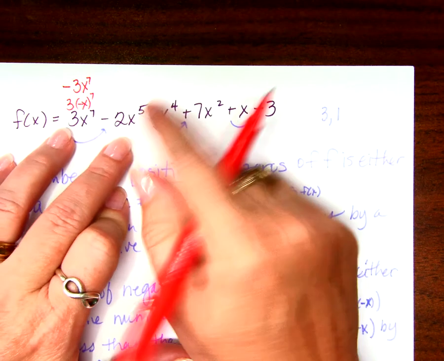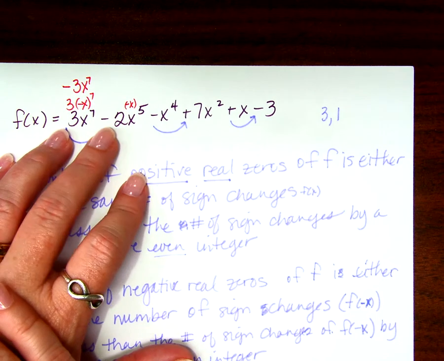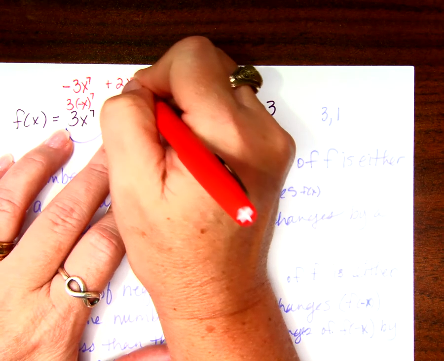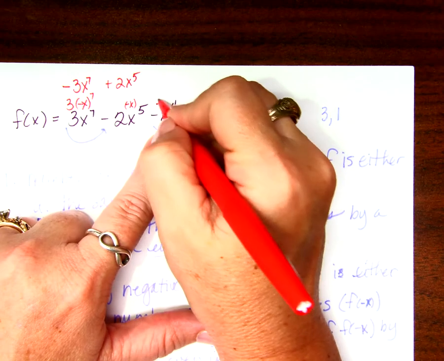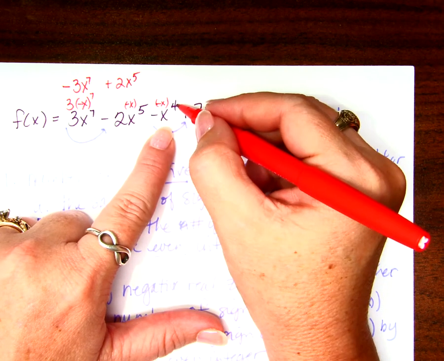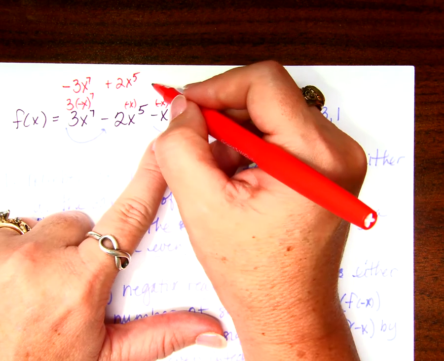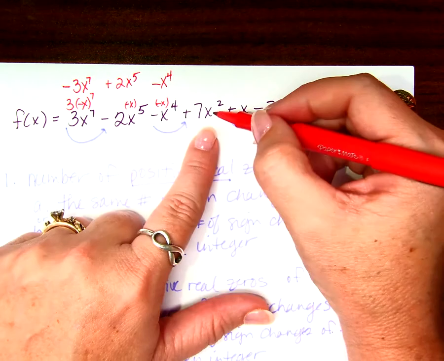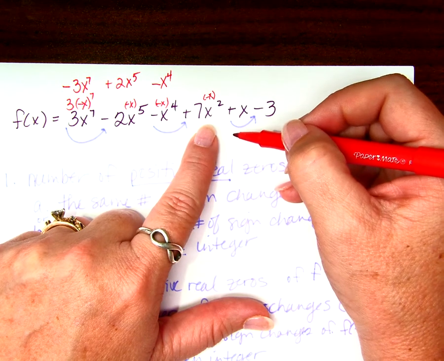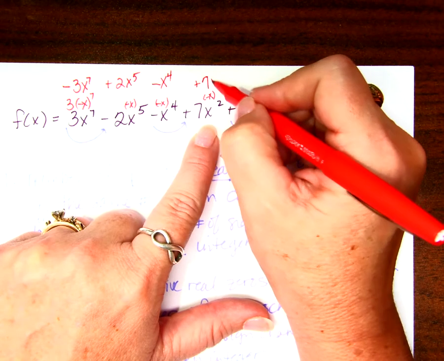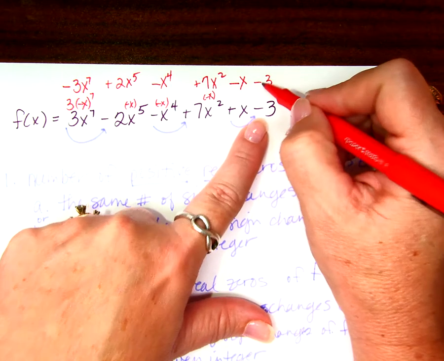What if I put a negative in here with an exponent of 5? That's going to be positive 2x to the 5th, isn't it? Now what if I put a negative x here and raise it to the 4th power? Is that going to still be the same thing that it was before? Yeah, so negative x to the 4th is the same as it was before. If I put a negative x here, it's going to change, and then minus 3.